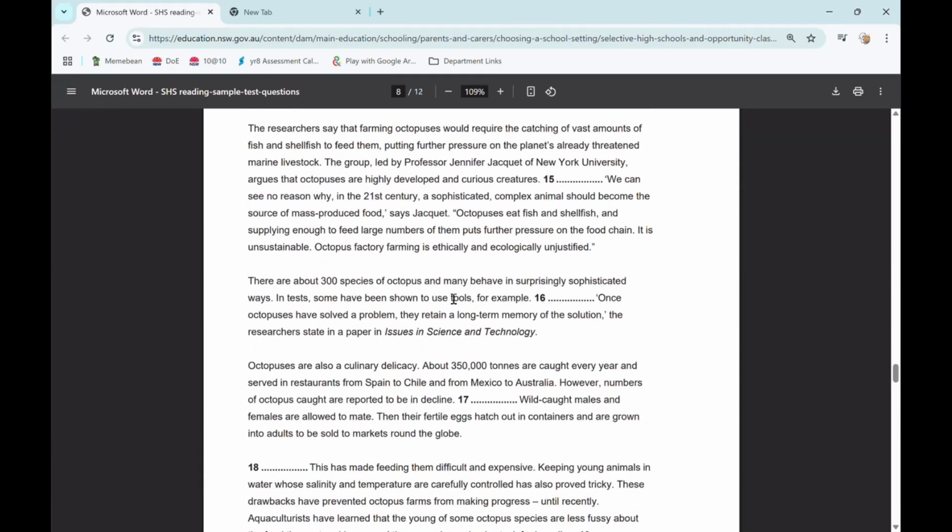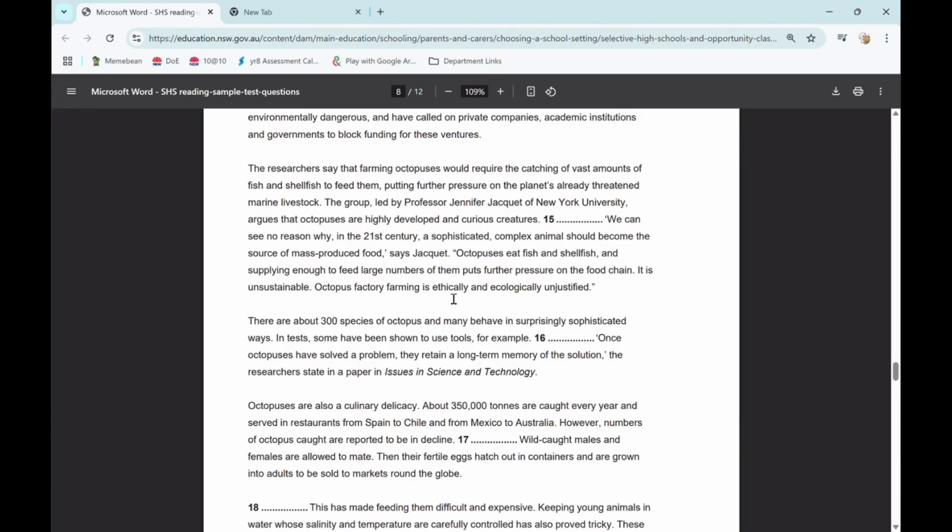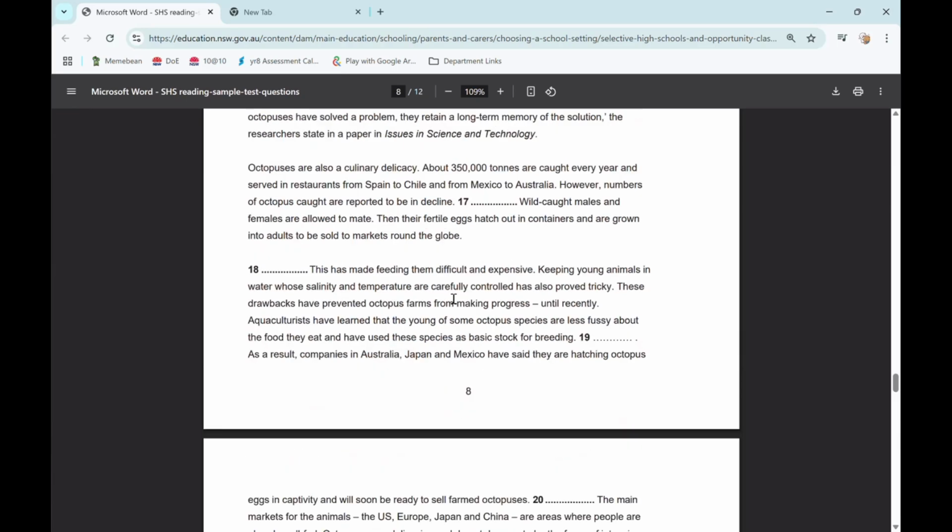To check whenever you do a cloze passage, you can read the sentence before, then the gap, and then the sentence after, right? If it flows, then it probably fits correctly. So if I put answer C in there, it says the group led by Professor Jennifer Jacquet of New York University argues that octopus are highly developed and curious creatures.